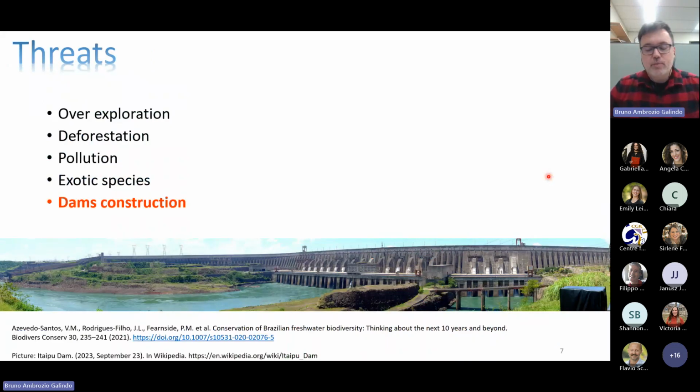In the neotropical area, but I could say in the whole world, we have several kinds of threats to freshwater fauna: overexploitation, deforestation, pollution, introduction of exotic species, and dam construction. Today I'm going to focus only on dam construction, and I'm going to address this topic in a very simple way.